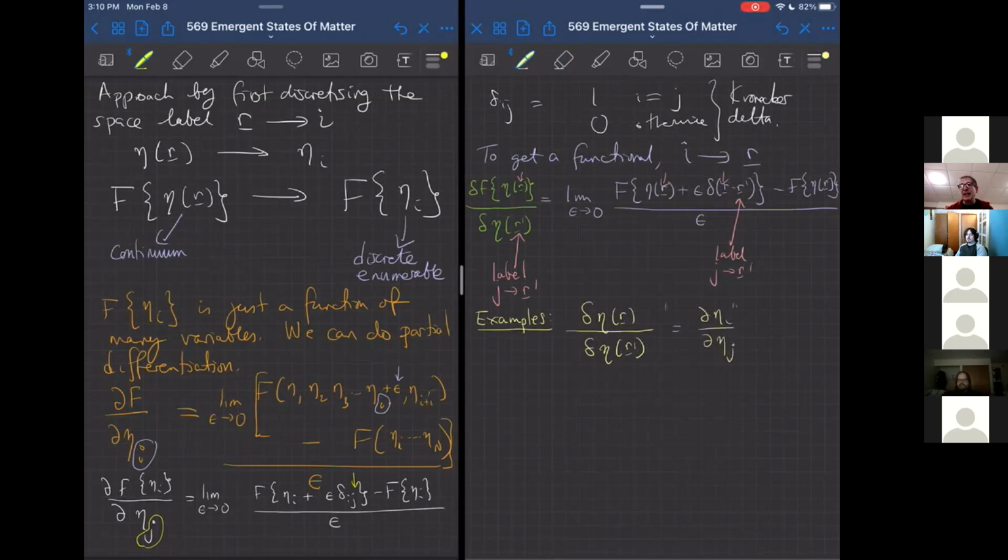Think about i being x, y, or z. So d eta x by d eta y would be 0, d eta x by d eta x would be 1. So this would be delta ij in the discrete case. And so in the continuum case, this will be just the Dirac delta function, delta of r minus r prime. Any questions about that?